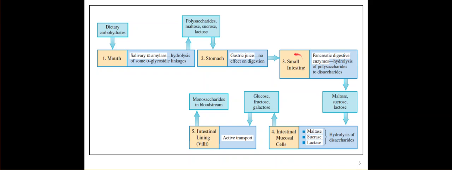But you do have that stuff moving into your small intestine, where these enzymes from your pancreas will break those down into maltose, sucrose, and lactose. And these will get broken down into glucose, fructose, and galactose.